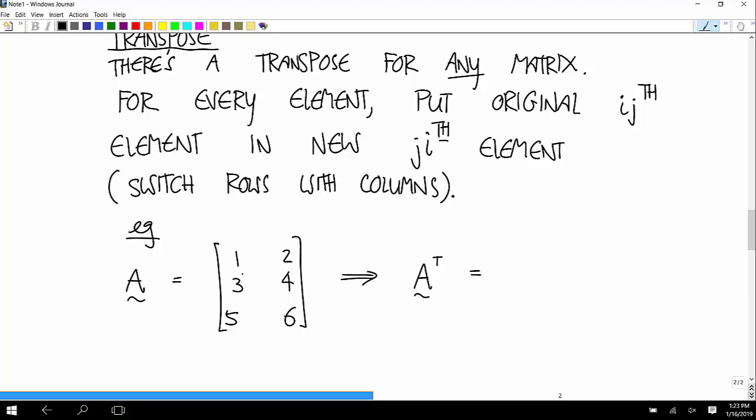So the first row of A is 1, 2. That's going to be the first column of A transpose. The second row of A is 3, 4, so that's going to be the second column of A transpose. And the third row of A is 5, 6, so that's going to be the third column of A transpose.